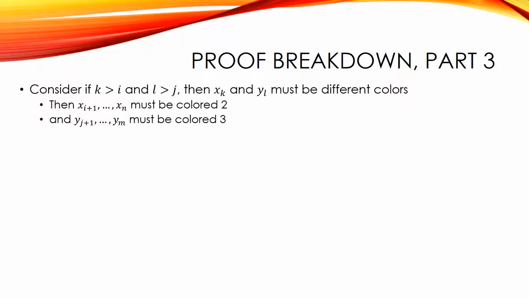So we're going to let x sub i plus 1 through x sub n be color 2 and y sub j plus 1 through y sub m be color 3. And we can swap the 2 and the 3 if we want 2 to be the one that has the most vertices in it. So we can swap those two if necessary in order to get a minimum.